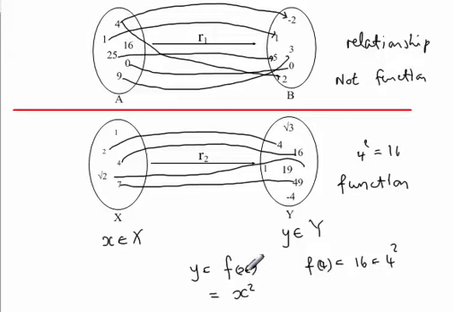What you take from this set, you must square it in order to get that. So this we can call the law of formation. Formation of what? Of the values of the function.